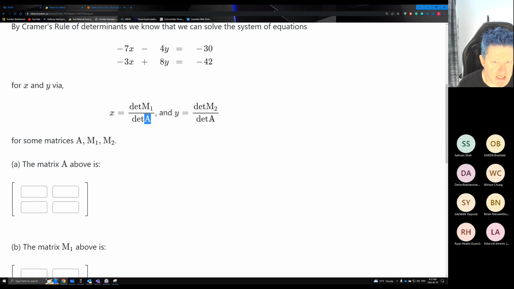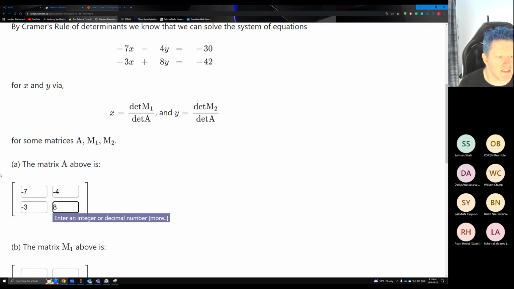A is the same as the matrix that's used to find del, and it's just the coefficient matrix from the left-hand side. So it's these x and y coefficients here. Let's go ahead and fill those in. -7. I think you can tab through this.